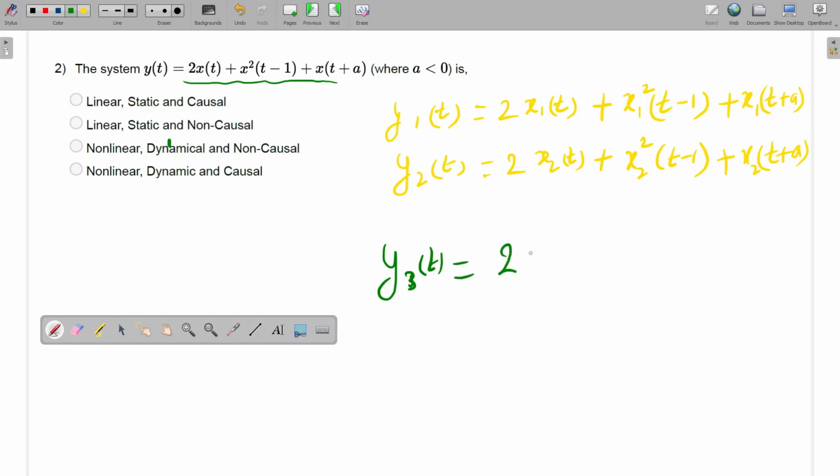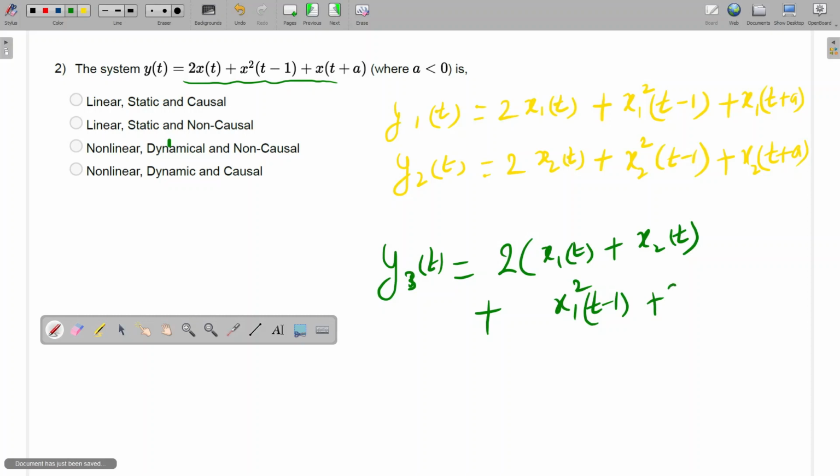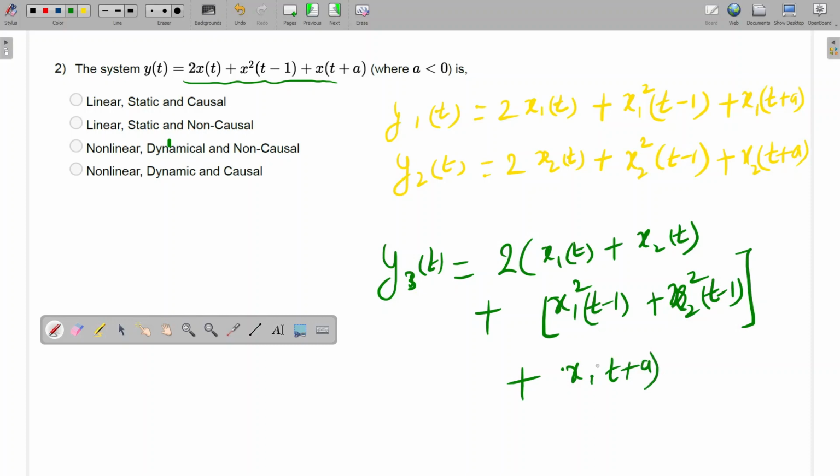So what will it be? 2 into (x1 of t plus x2 of t), plus here it will be x1 of t minus 1 whole square plus x2 of t minus 1 whole square, plus x1 of t plus a, plus x2 of t plus a.